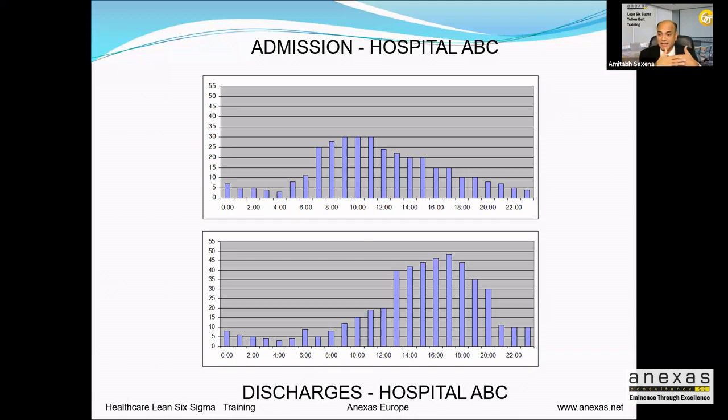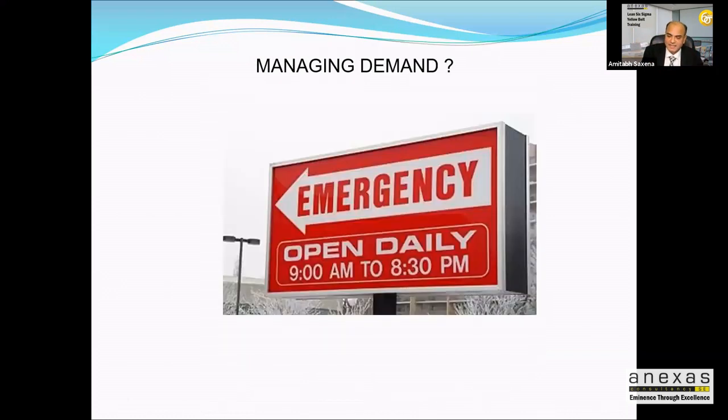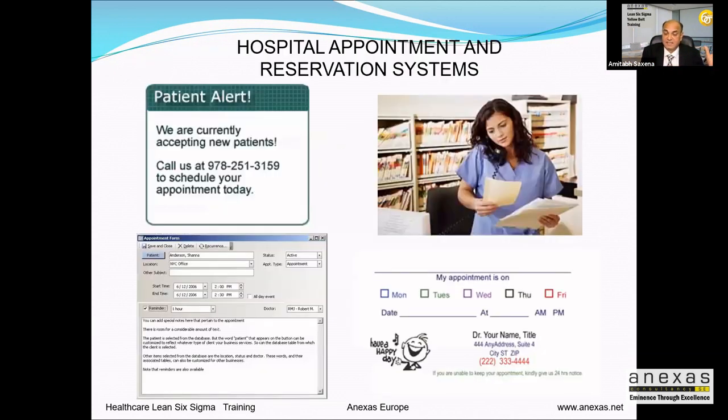So there's a long gap of waiting for the patients that can be easily reduced by line balancing. There is a concept of line balancing, so you can use that. Once you start collecting the data, you will know that there are a lot of things which can be easily done and improved.